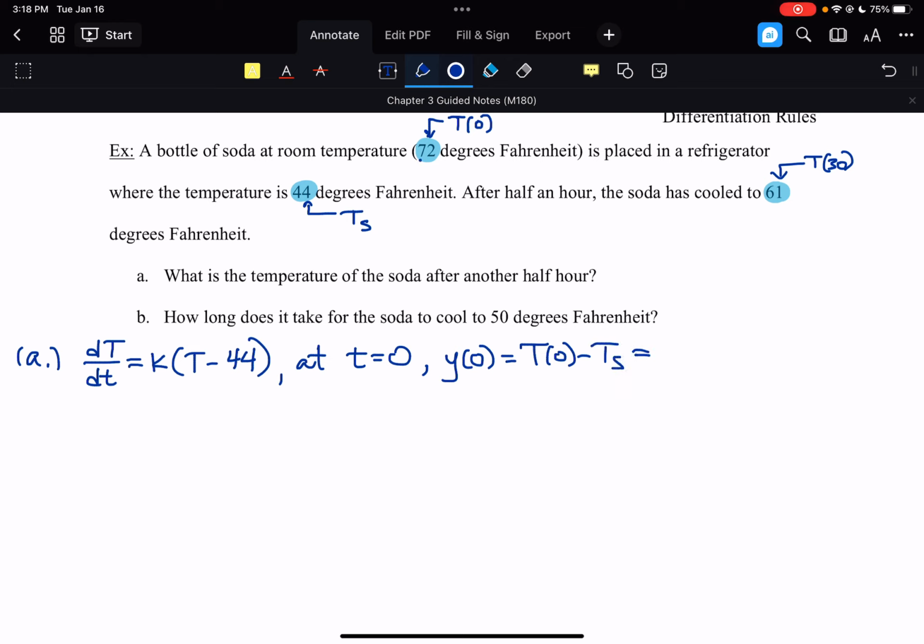It started off as 72 degrees minus the fridge temp is 44. So that's 28. Okay, so our initial temperature difference is 28 degrees Fahrenheit. So our formula, y of t, is going to be 28 e to the kt.